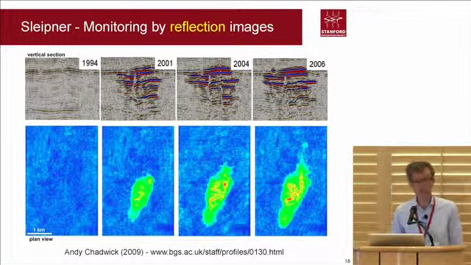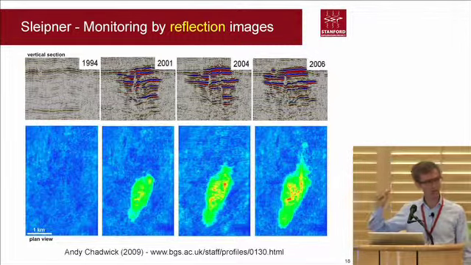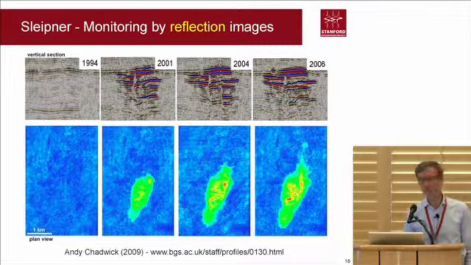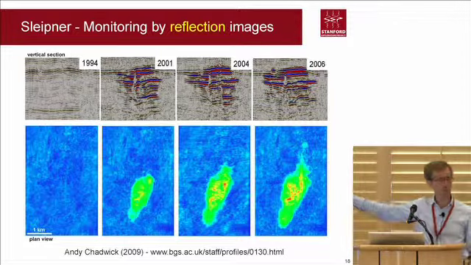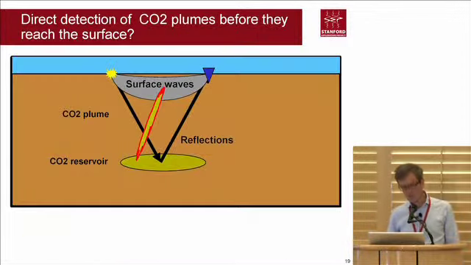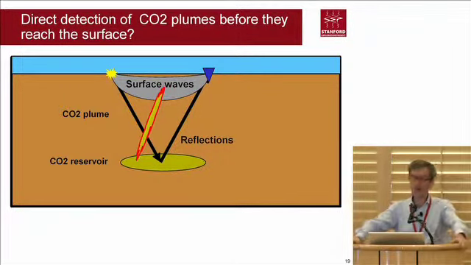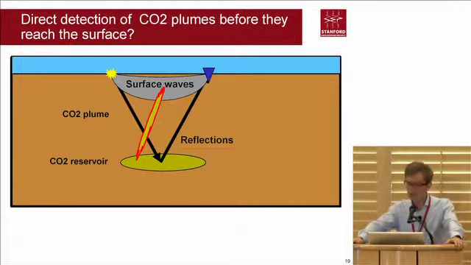So we know that by reflection, we can monitor very well, very precisely, even quantitatively. There has been work, like the one cited on the slide, that actually connected quantitatively the amount of CO2 injected with seismic signature.